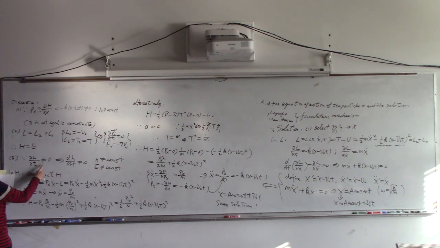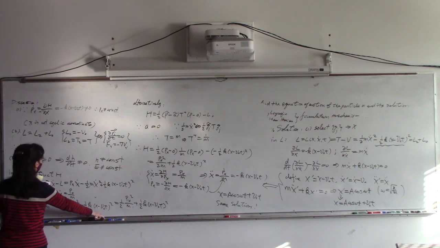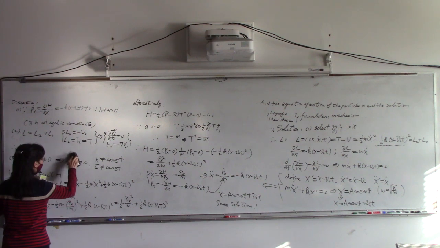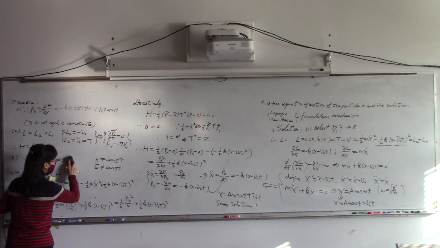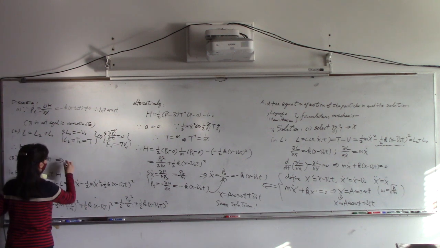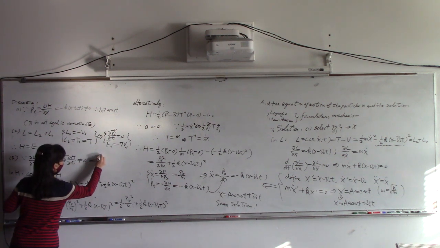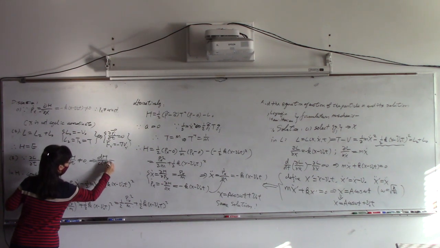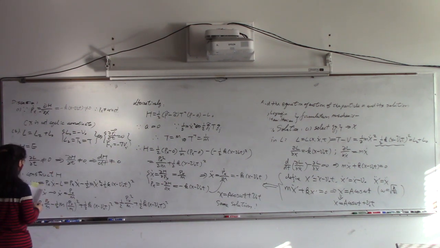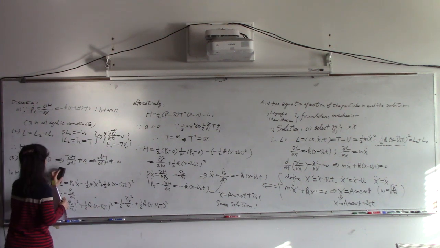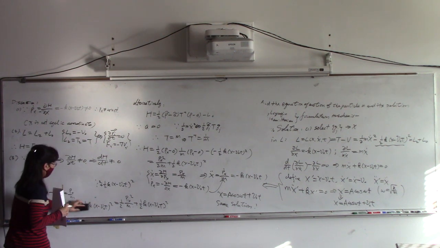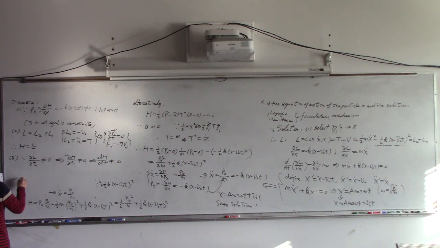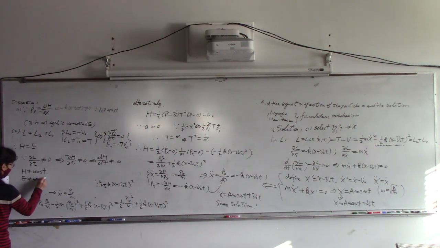Then number 3: this one depends on time explicitly. So we have partial H partial t not equal to 0. That means dH/dt does not equal 0. Then H is not constant, not conserved, and of course energy also, since H equals energy.